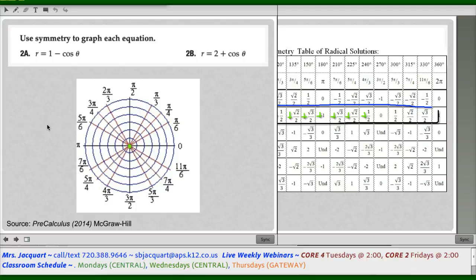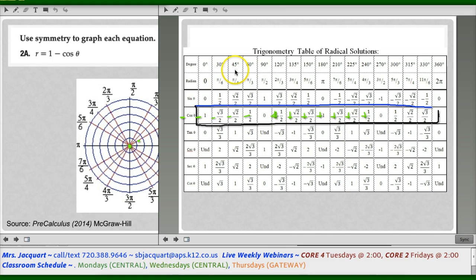What's the biggest we're going to get? 1 minus 0, so this would be 0.8, so let's come here. And let's do pi thirds. 1 minus cosine of pi thirds is 1 minus 1/2, so it's going to be 0.5.